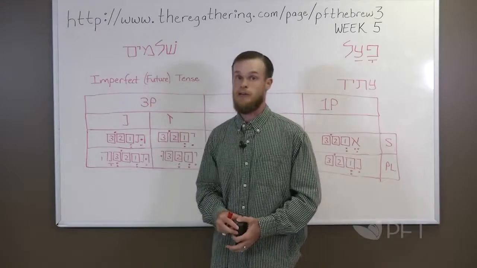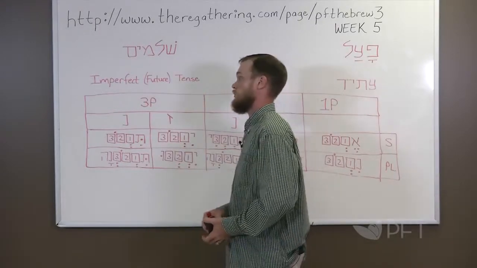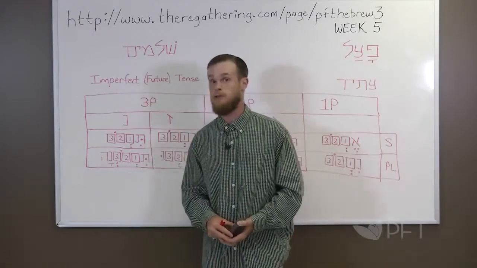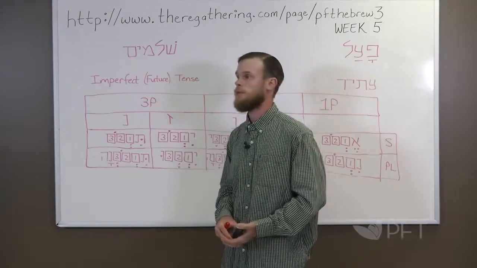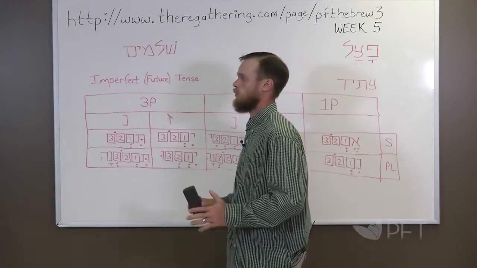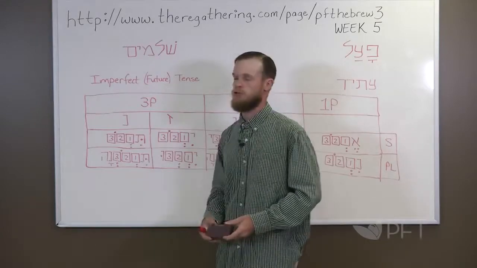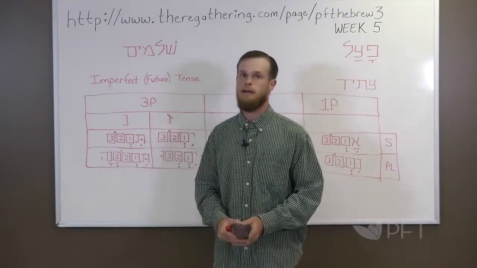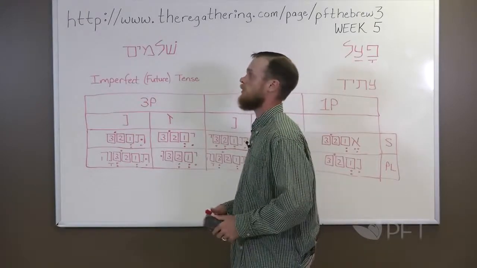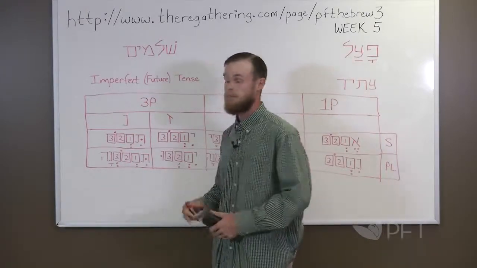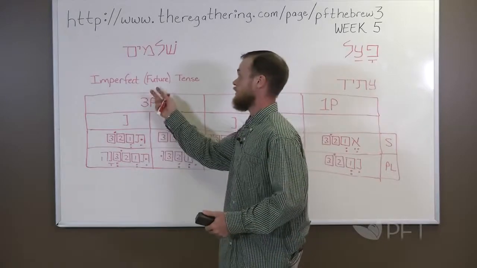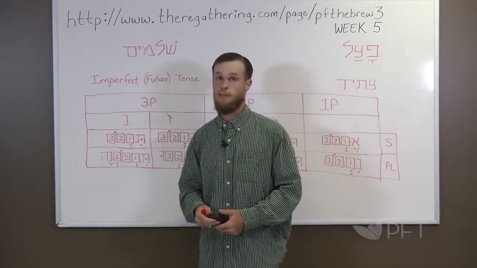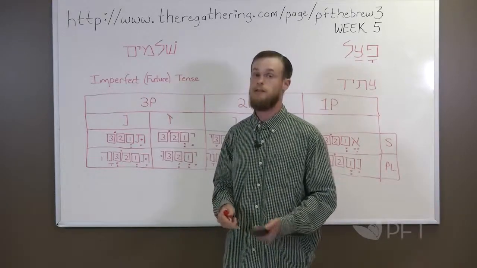In modern Hebrew, they simply call it past and future and use the verbs in that sense, but in ancient Hebrew, there's a little bit more you can do with this tense than just strictly something that happened before and something that's going to happen later. The idea of a process is inherent in this. But that aside, I'm going to use future and imperfect interchangeably, just like I'm going to use past and perfect interchangeably.